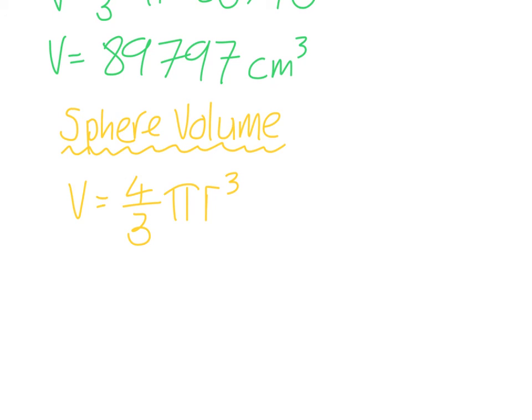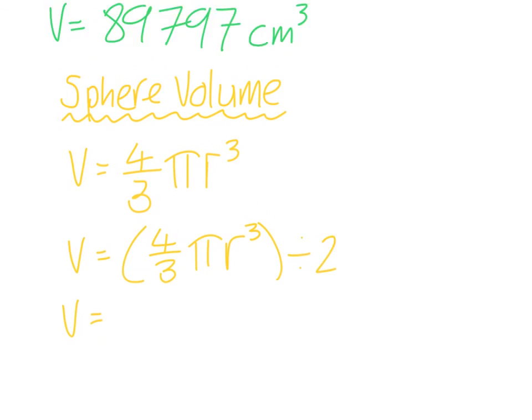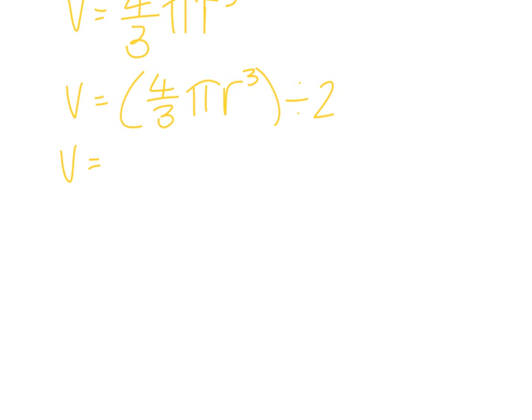We are looking for the volume of a hemisphere, so that's going to be V equals 4/3 pi r cubed divided by 2. Substituting in our values, we have V equals 4/3 multiplied by pi times 35 cubed, and then all of that divided by 2.